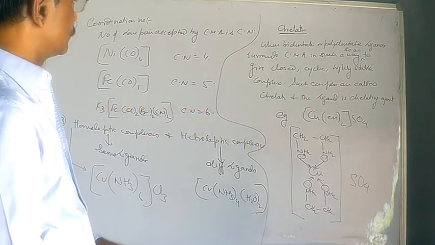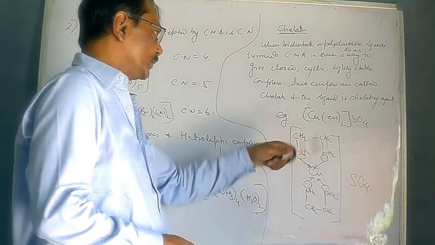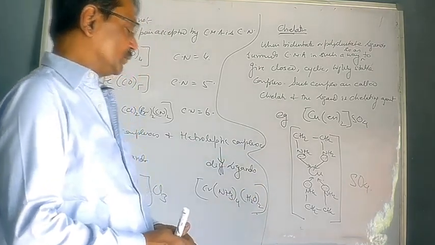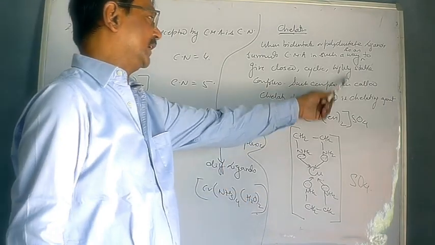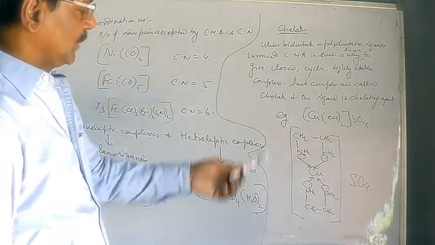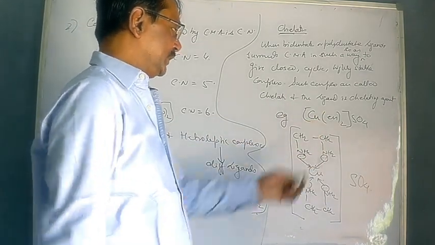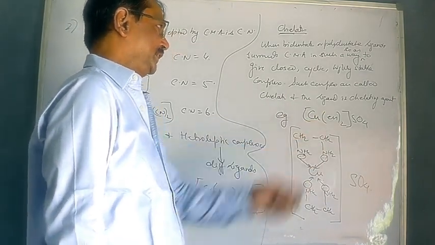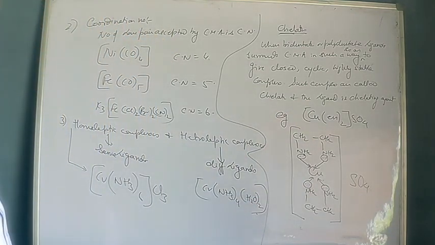Coordination complexes are themselves stable, but due to formation of closed cyclic structure, they become more stable. That's why the word is used, highly stable complexes, and such complexes are called chelate, and the ligand is called chelating agent. Here, ethylene diamine is chelating agent because it is surrounding CMA to give a closed cyclic stable structure.